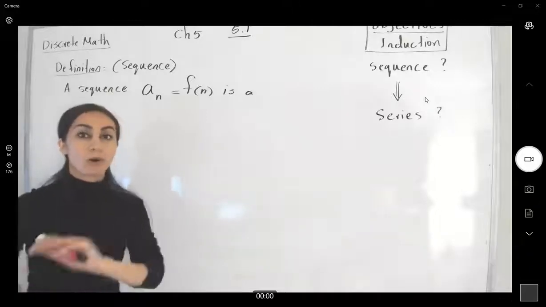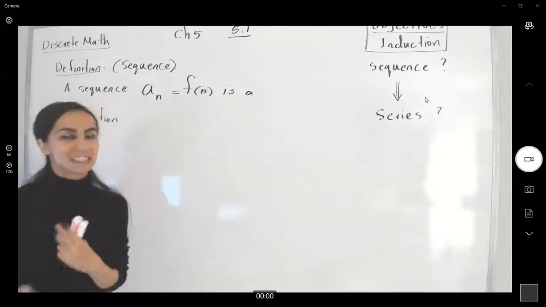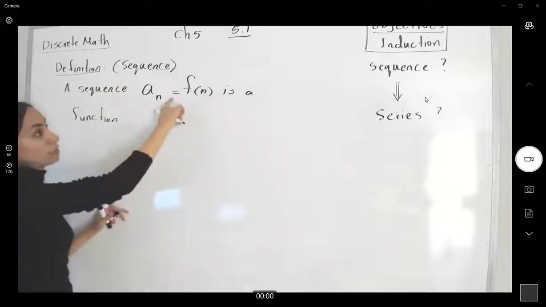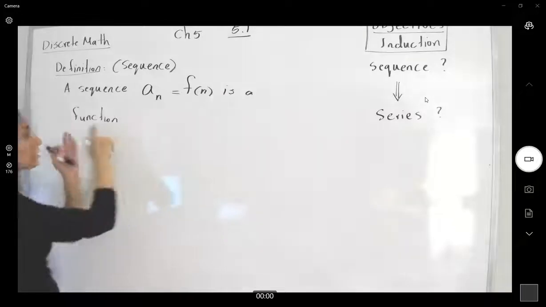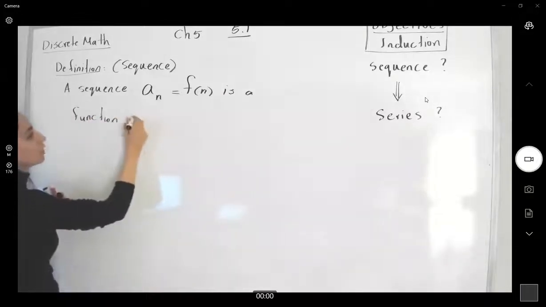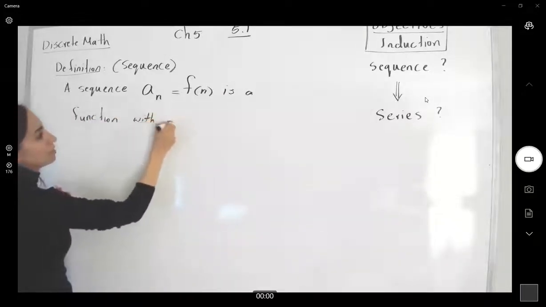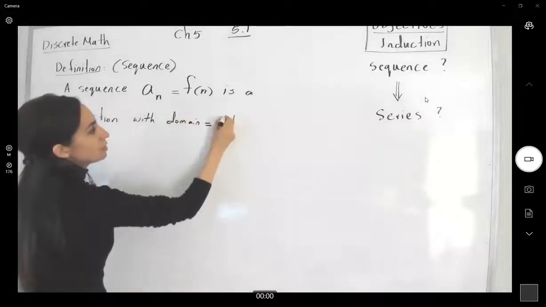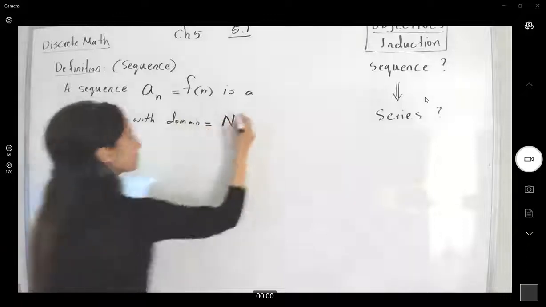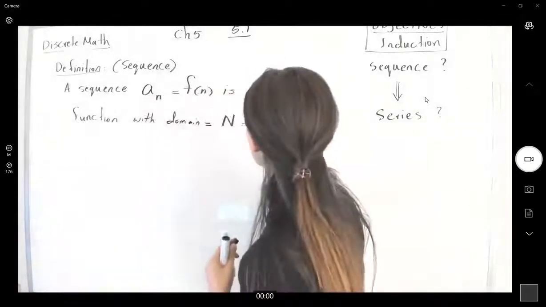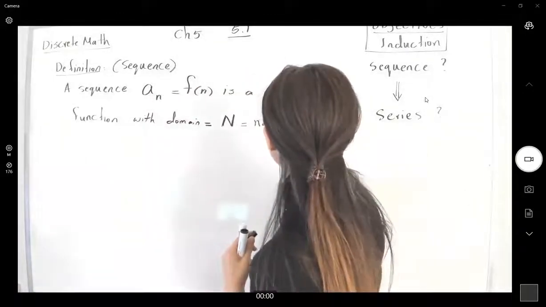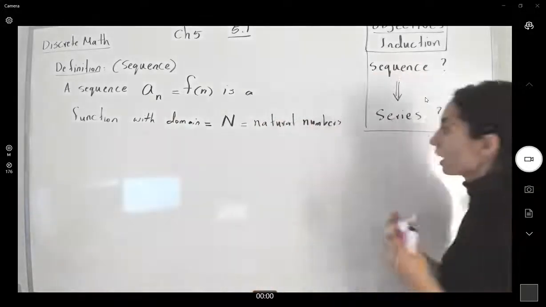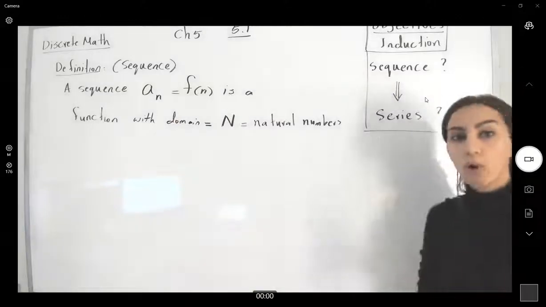Sometimes we use whole numbers as the domain. So a sequence A sub n equals f of n is a function with domain equal to N, natural numbers, and sometimes they use whole numbers.